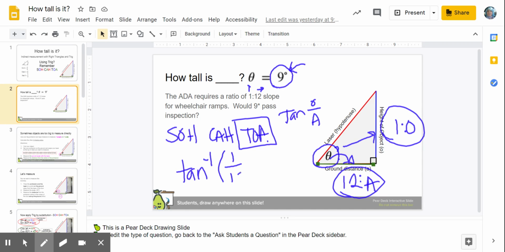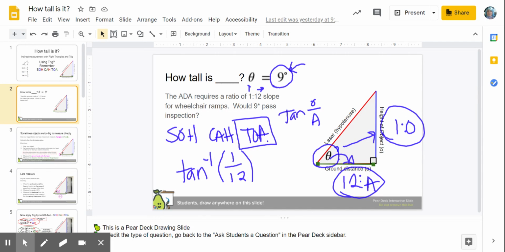So 1 over 12. Then we're going to open up our Desmos. Right, so Desmos graphing. Got to find your Desmos graphing calculator. Boom. And we could even split our screen.